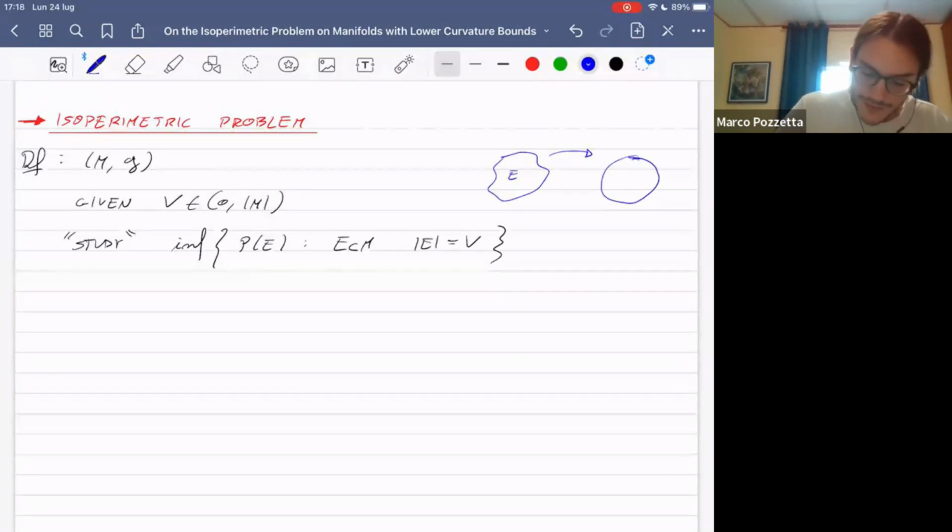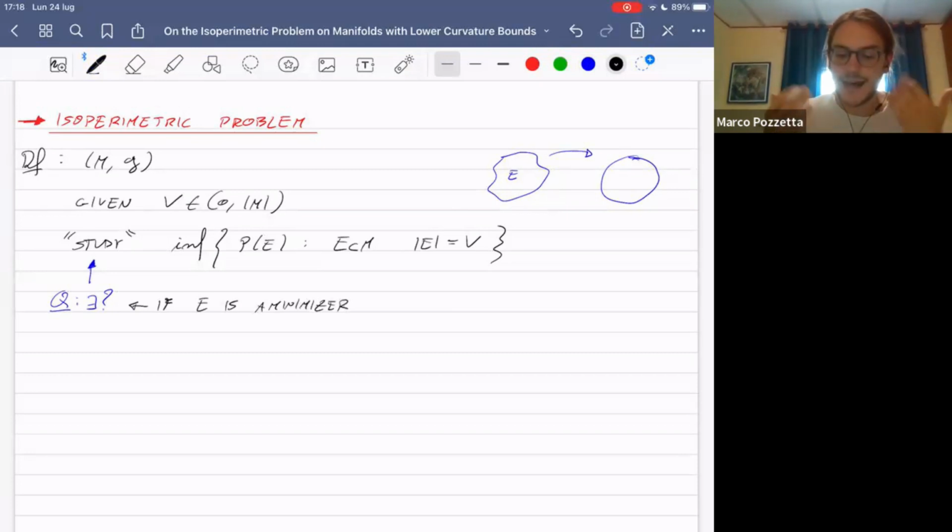Now, what does it mean to study? Study means everything you want. So the most basic question is about existence. Existence means, is this infimum actually a minimum? And in such a case, if, for example, E is a minimizer, so it has some volume V, and it minimizes the perimeter among sets with the same volume, then we say that E is an isoperimetric set.